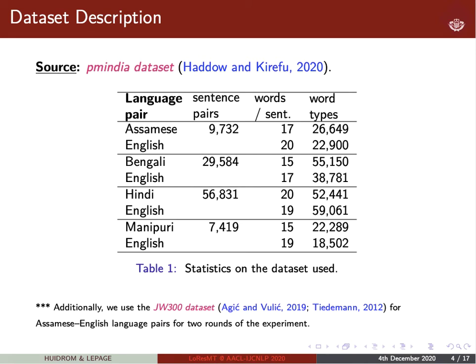But we also observe that in Bengali-English, the Bengali part has more word types than the Hindi, even though Hindi-English has almost double what Bengali-English has in terms of number of sentence pairs.